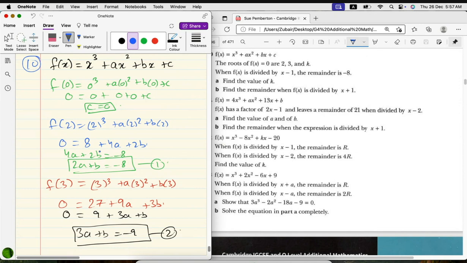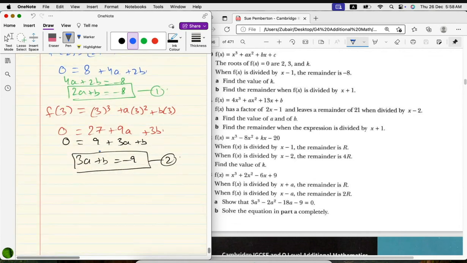Okay. And then from knowing a and b, we would be able to know k, right?